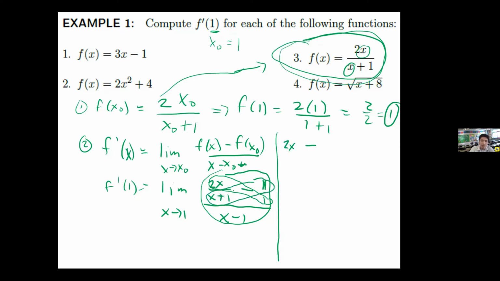Meaning negative 1 times x, unya negative x. Tapos negative 1 times 1, unya negative 1. Over, sa ubos na pod, x plus 1 times 1. So, x plus 1 gihapon.